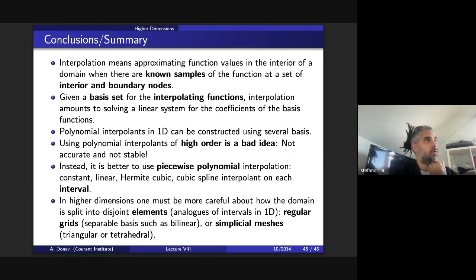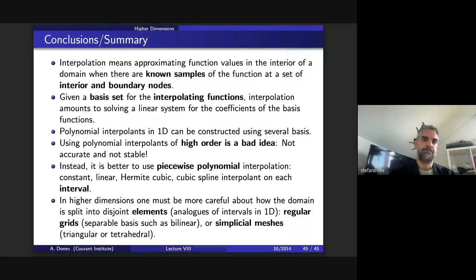Usually we are happy to use low degree interpolation. As we go to higher degree, they become numerically less stable. If we want to do a better job, instead of increasing the degree of the polynomial, we're better off having piecewise interpolation. So we divide the interval into multiple intervals, and we create an interpolation for each interval. And this also very naturally generalizes to 2D and to higher dimensions.